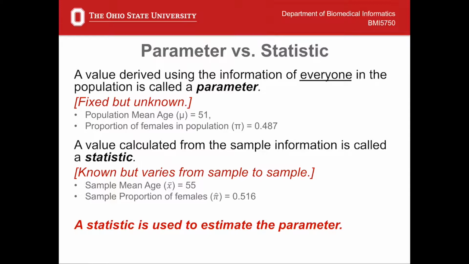However, we can use statistics that we generated from a sample to derive information for a population. A value calculated from the sample information is called a statistic. A statistic is known but varies from sample to sample. For example, we get the sample mean of a group of people or the sample proportion of females. A statistic is used to estimate the parameter.